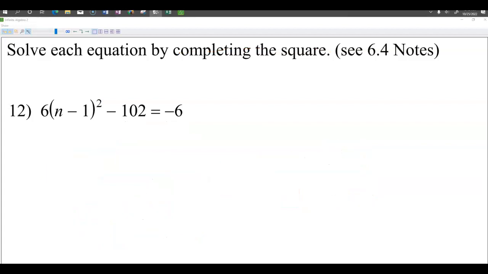Now that's an example of one where we have a nice square root. Sometimes you don't get a nice square root, and that's what this next one is all about. So same first step, we're going to get rid of the outside numbers, which means we're going to start by adding the 119 on both sides.